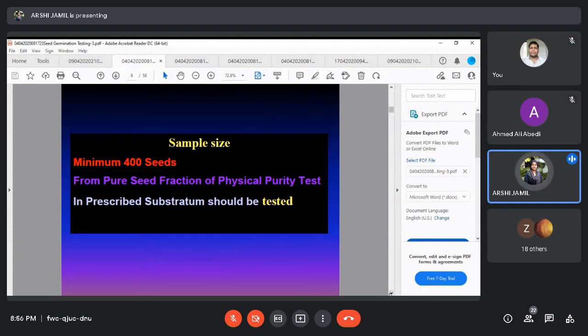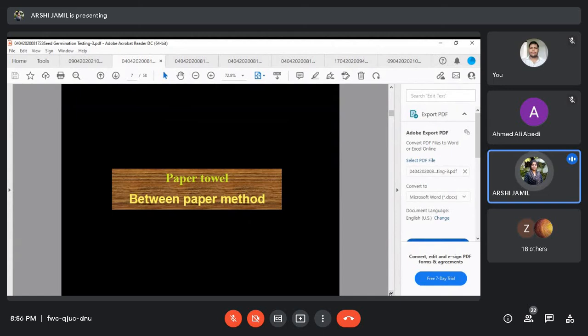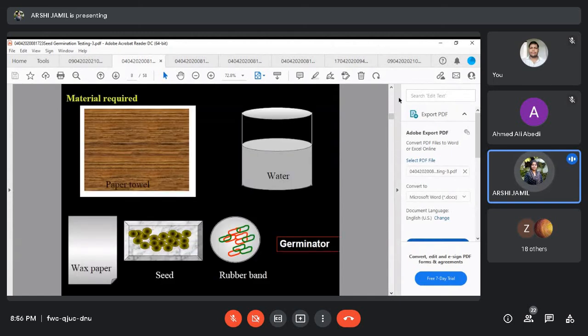Now for the germination test, a minimum of 400 seeds are required. After the purity test, you take out 400 seeds and carry out the germination test on the prescribed substratum, either filter paper or paper towel. In the paper towel, what do you do? Can you see it on the screen?